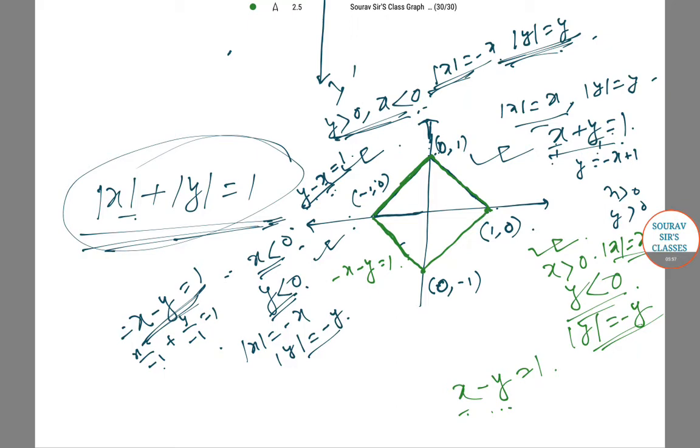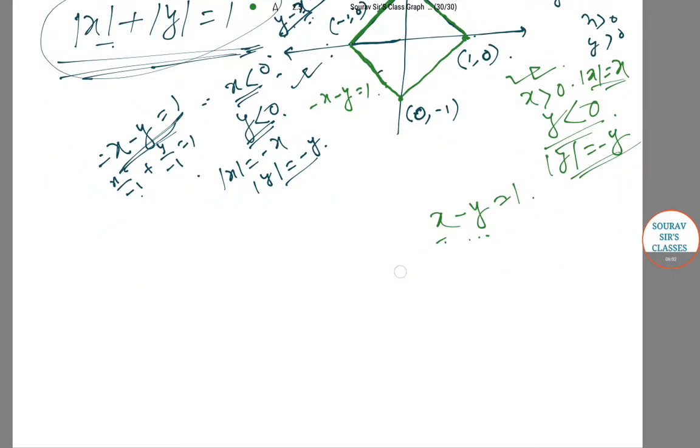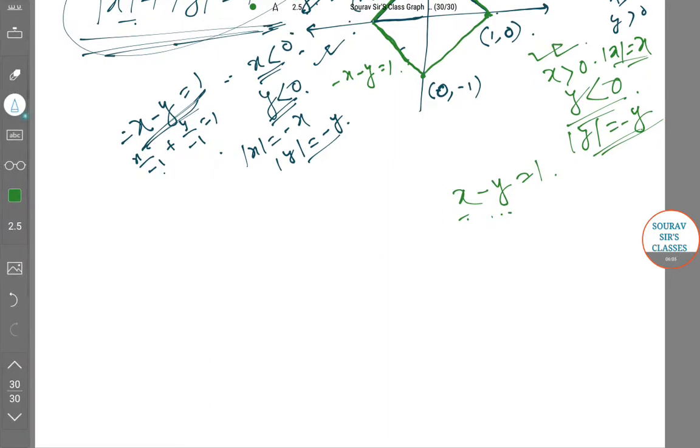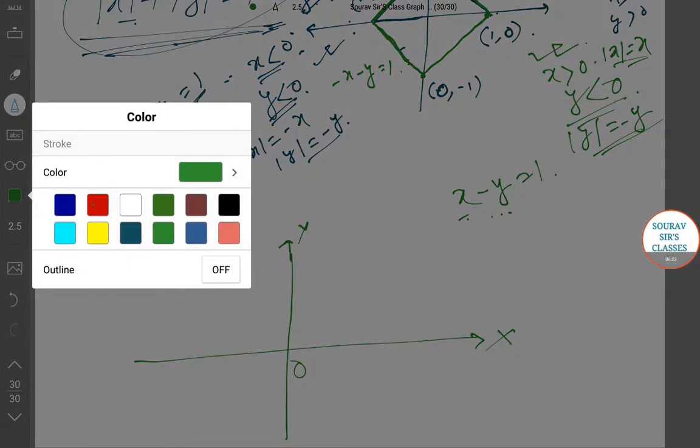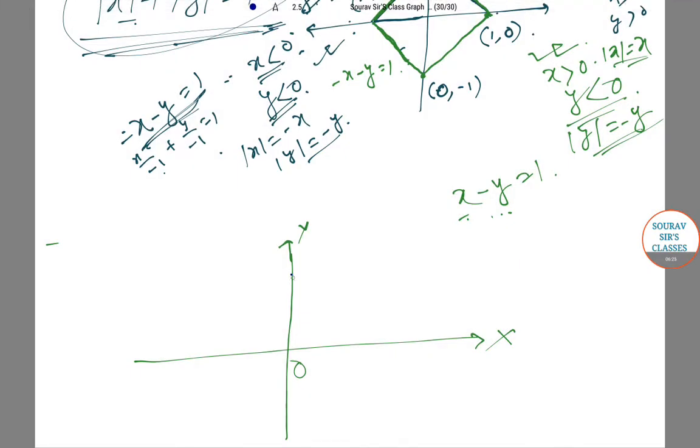Now let us draw the graph completely separate and fresh. So the graph will be, let these be the axes, y and x. Now we will draw the graph. The graph is, it is 0, 1.